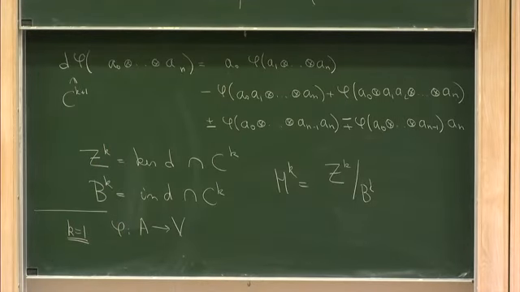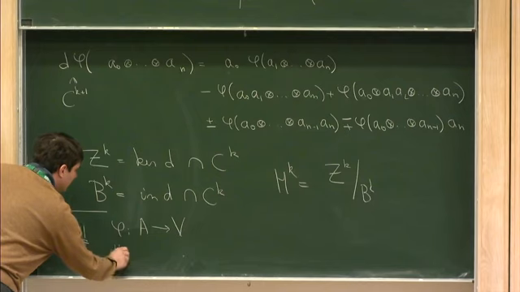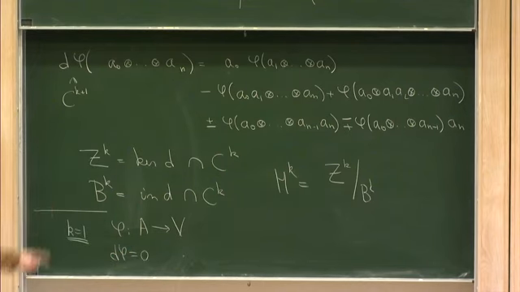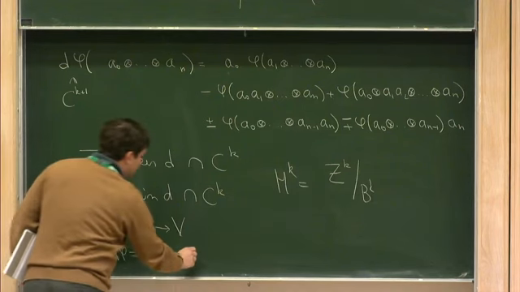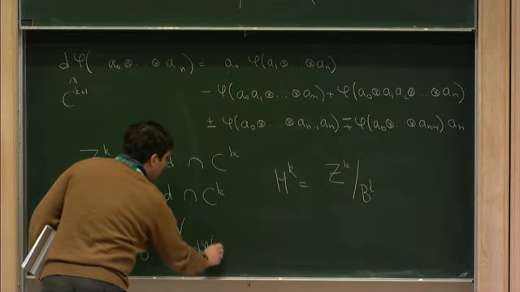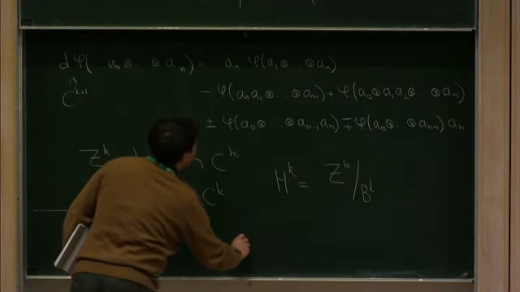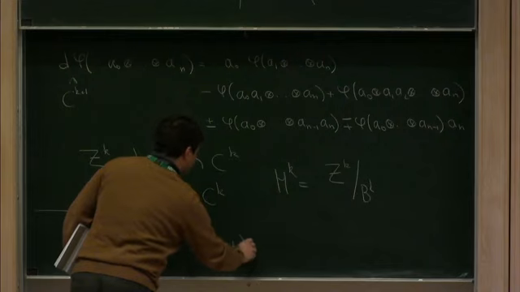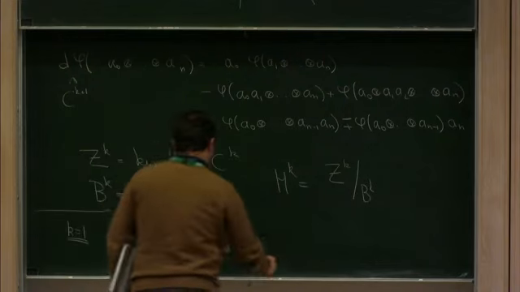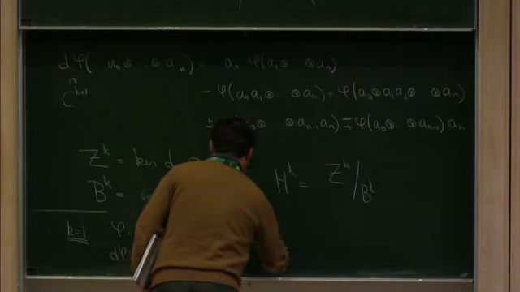And then the cocycle condition, so the condition that d phi is equal to 0, if you write it out, translates into saying that if I look at d phi of A tensor B, that should be 0.